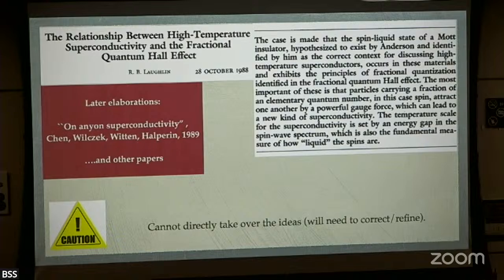No. So I'm not saying which ideas need to be refined. That'll require me to go too deeply into this literature. I just want to say that there's some inspiration, right? Now let's just do theory with this as inspiration. There are many statements in this paper, in particular a statement that this superconductor has no order parameter, and that as a state of matter it's completely different from an ordinary superconductor.